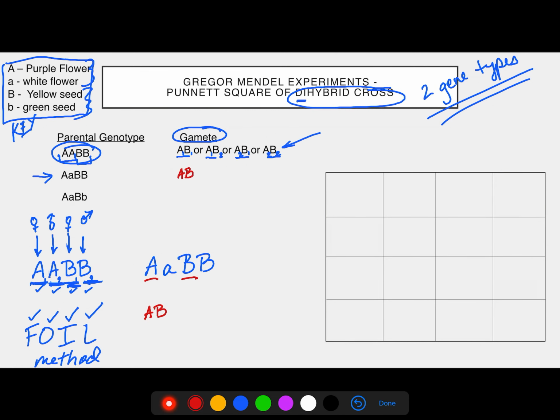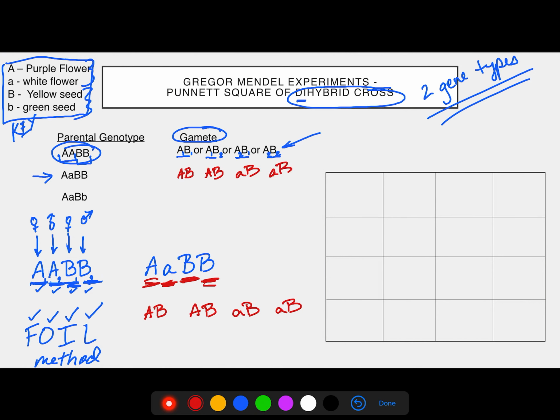Then you're going to use the outermost, this A and this B, capital A, capital B. Then you're going to use the innermost, lowercase a, capital B. And then your last two, lowercase a, capital B. This is how you go about doing the FOIL method.